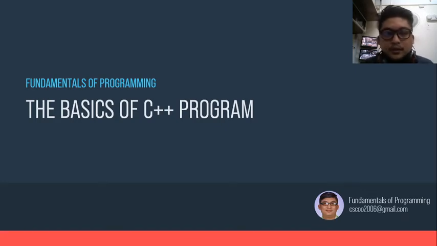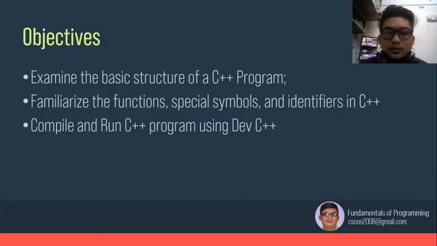Today, our discussion is focused on the basics of a C++ program. Our objectives for today's lecture are the following. Number one, we're going to examine the basic structure of a C++ program.